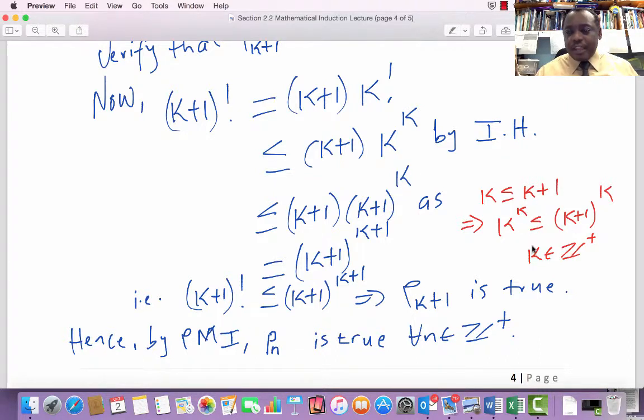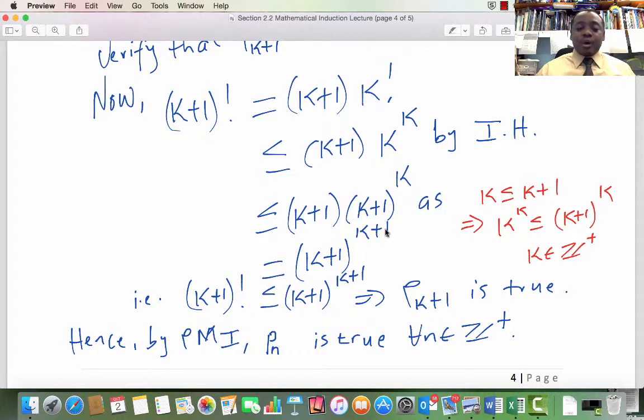From here, I have k plus 1 to the power 1 times k plus 1 to the power k. By rules of exponents, this is actually equal to k plus 1 raised to the power k plus 1.